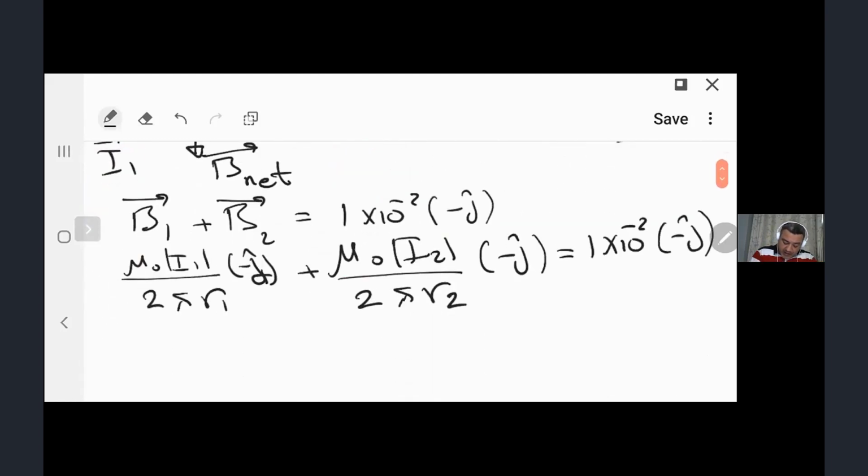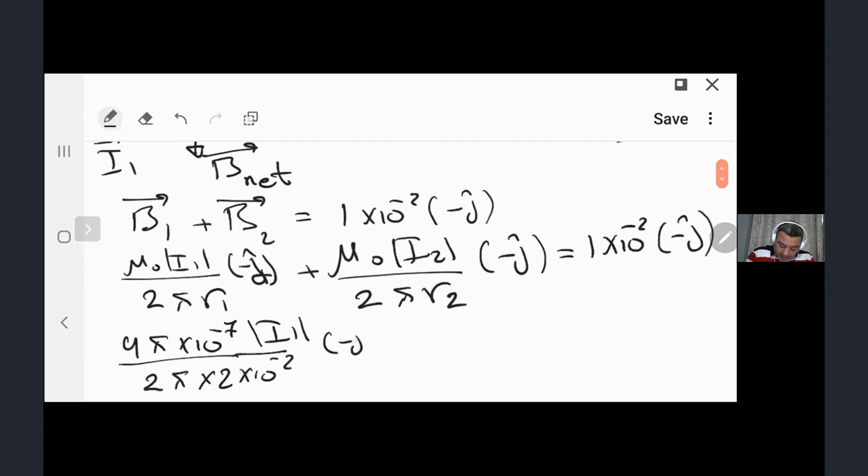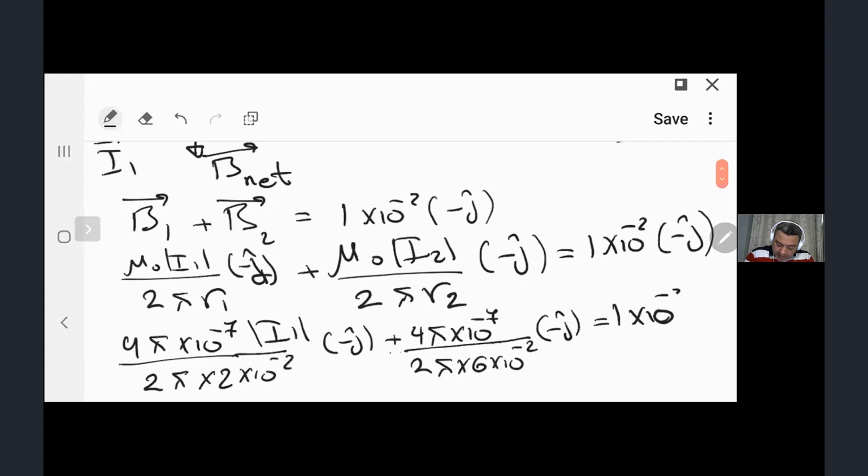So right now, if I am to substitute 4 pi times 10 to the power minus 7 over 2 pi times 2 centimeters, I1 magnitude minus j hat plus 4 pi 10 to the power minus 7 over 2 pi times 6 centimeter minus j hat equals 1 times 10 to the power minus 2 minus j hat.